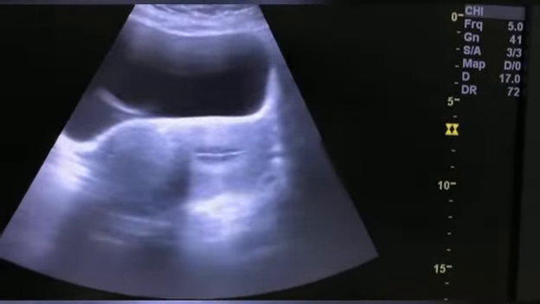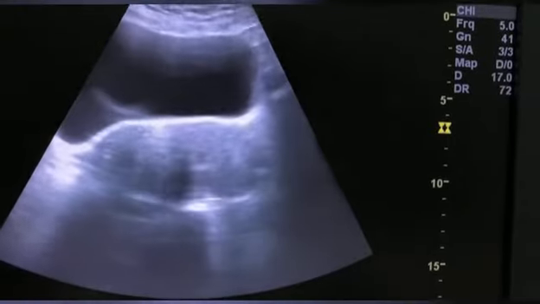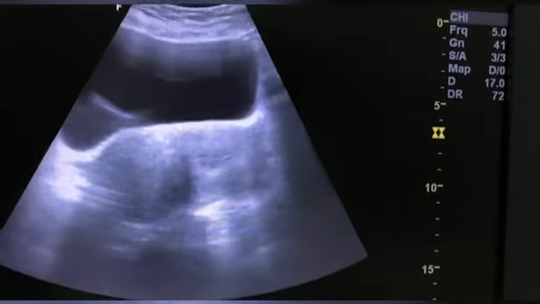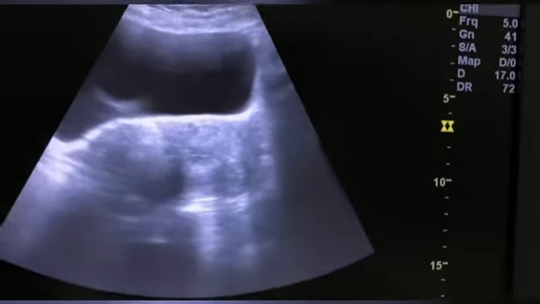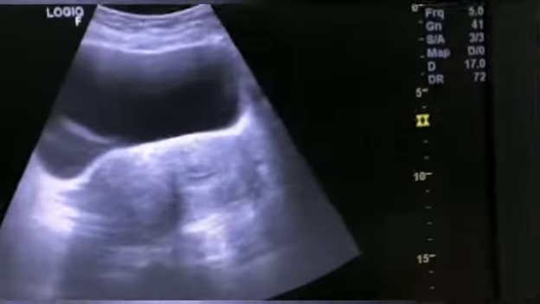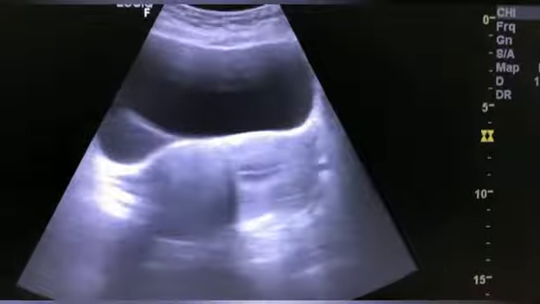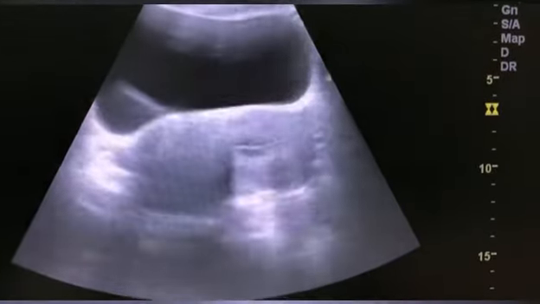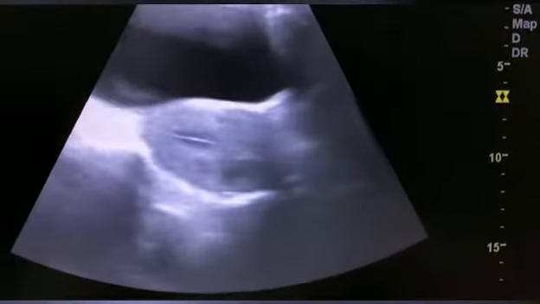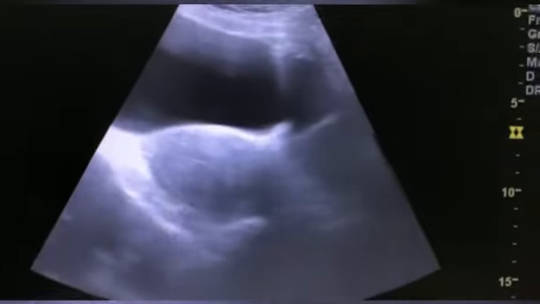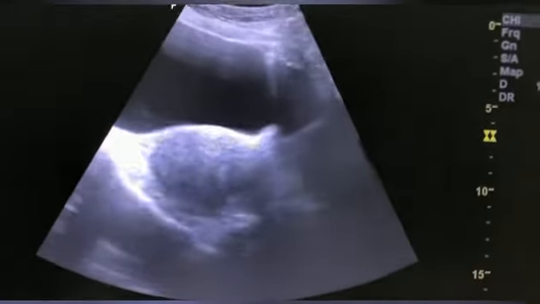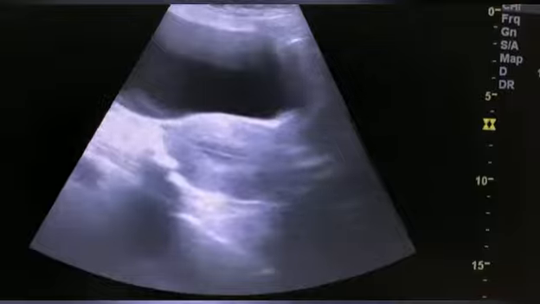So the protocol is a distended bladder between partial and over distended state. I am also not feeling too comfortable with this distended bladder.